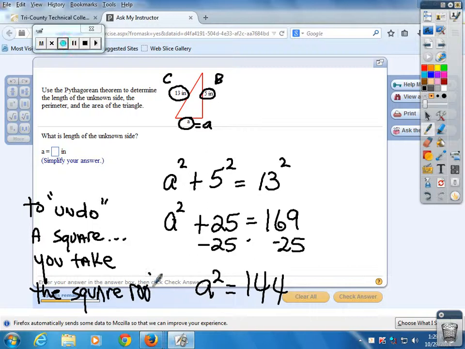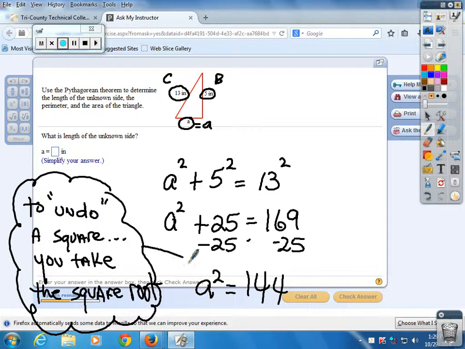On both what? On both sides. So to undo that square, I got to take the square root of both sides.